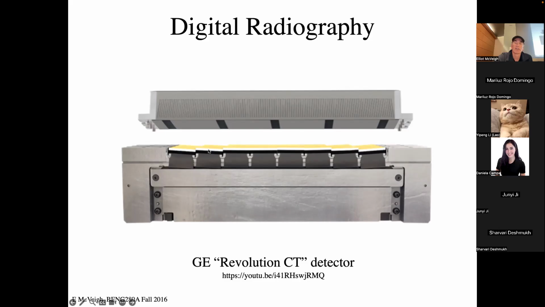There are 128 detectors along here. You can see they come in little chips and insert in here. Each one of these is 32 detectors along this direction, because this is 256 from here to here, and that's in the Z direction of the scanner. So we're looking sort of along the side.